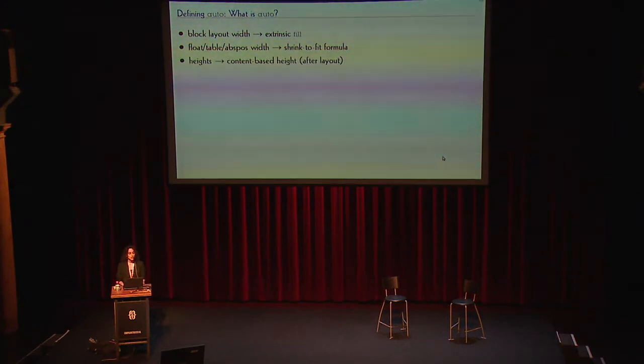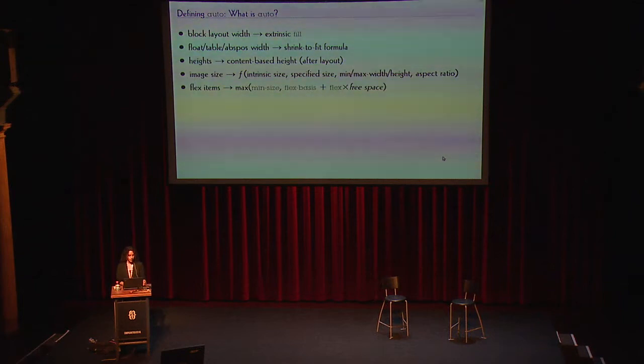So defining auto, well, what is auto? It depends on the layout mode. For block layout, it's extrinsic fill available. For floats and tables and abspos, it's the shrink to fit formula. For most heights, it's just the content-based height after you do layout. And for an image, it's going to be a function of the image's intrinsic size, any specified sizes you gave it, any min and max widths and heights that you might have given it, and the aspect ratio.